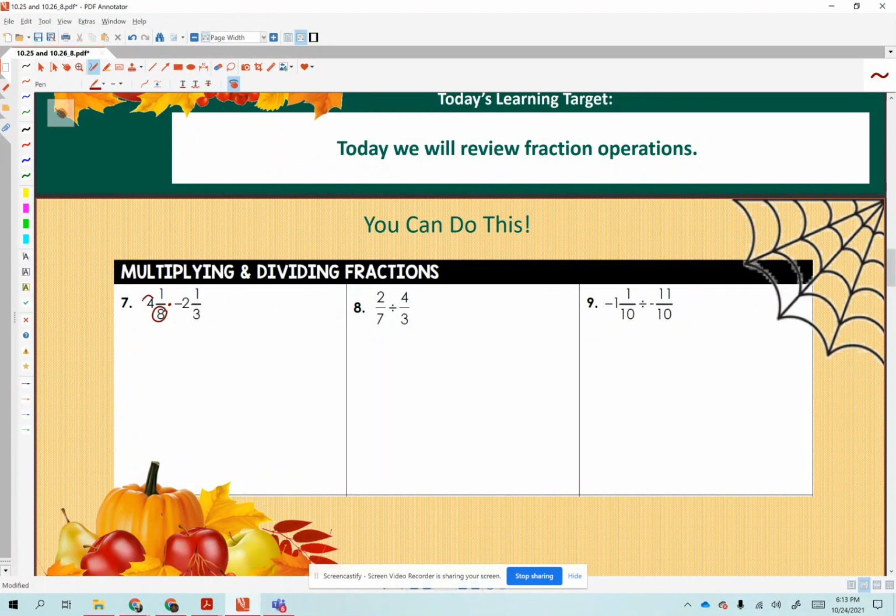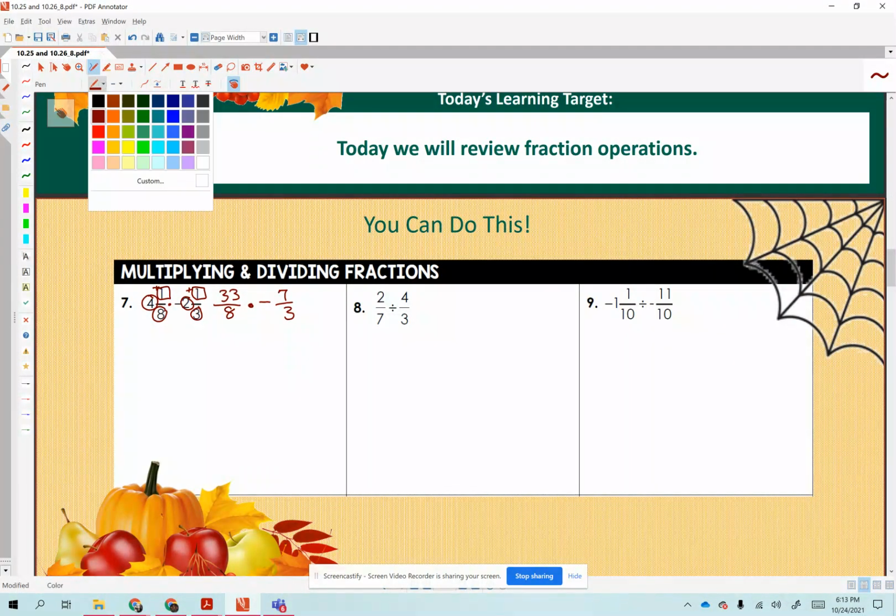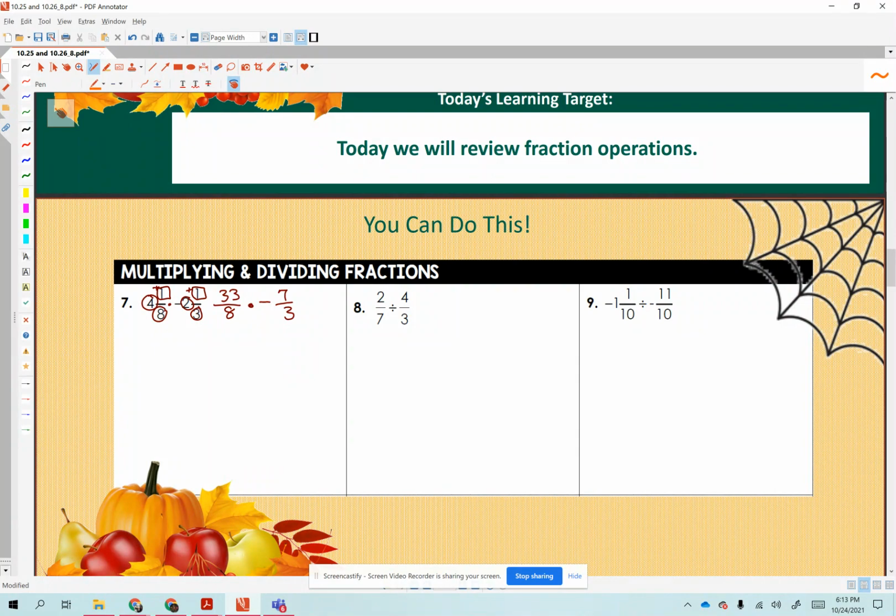So we'll multiply 8 times 4 is 32 plus the numerator of 1. That would be 33 over 8 times a negative 3 times 2 is 6 plus that numerator of 1 is 7. So that would be 7/3. Now the next step we do with multiplication and division, not with addition and subtraction, we look at the diagonals and we see if we can divide, sort of like cross dividing.